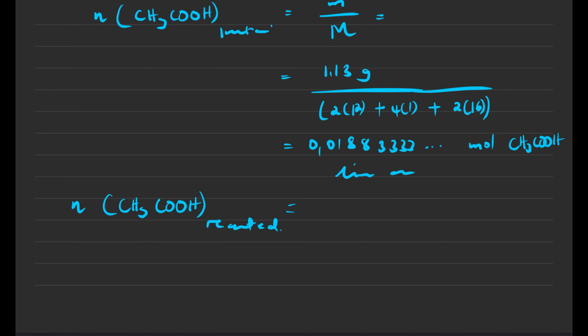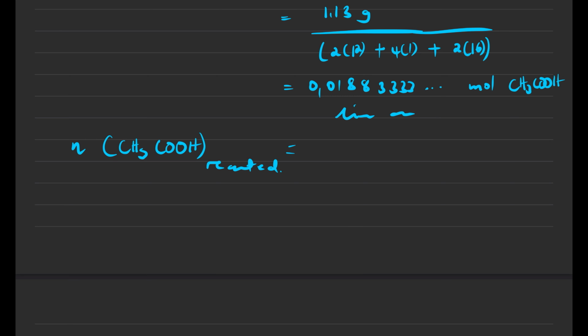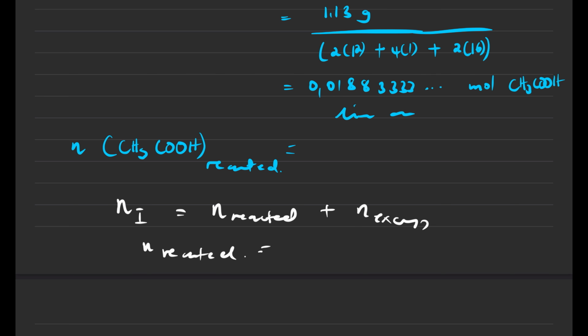In order to do that, remember, the initial amount is the amount that reacted plus the excess amount, the amount that did not react. So to find the number of moles that reacted, it's going to be your initial amount minus the amount in moles which was in excess.